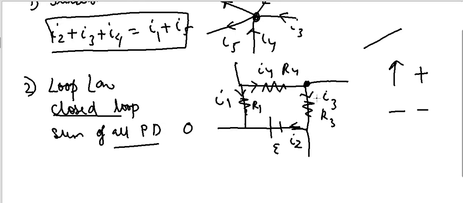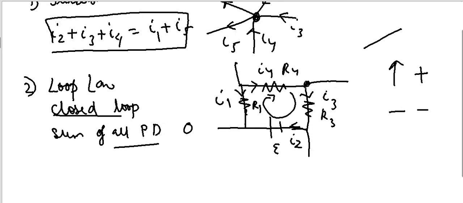Current is always traveling from a higher to lower potential, so potential is going down when I travel along this path. I will go from here to here, and then finally come back to here, so that it becomes a closed loop.